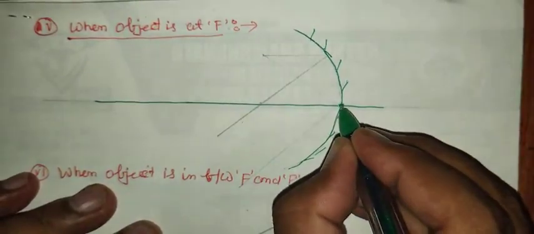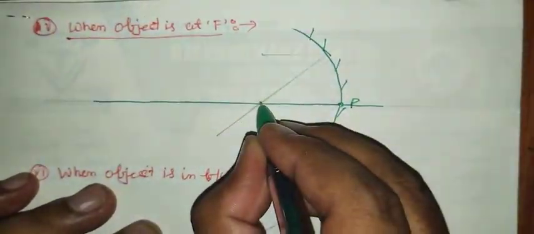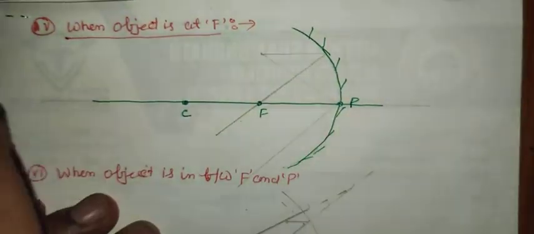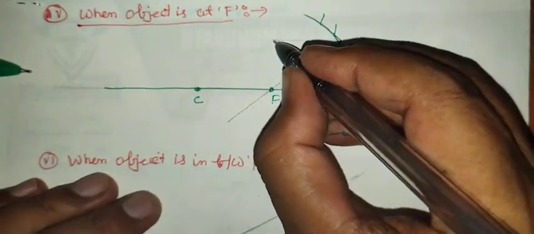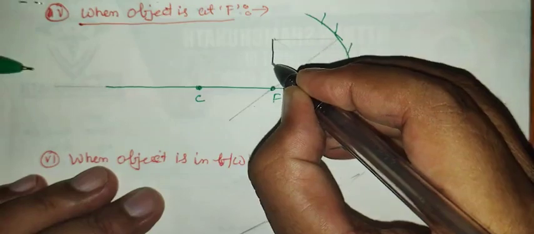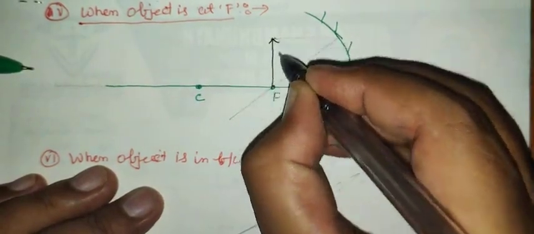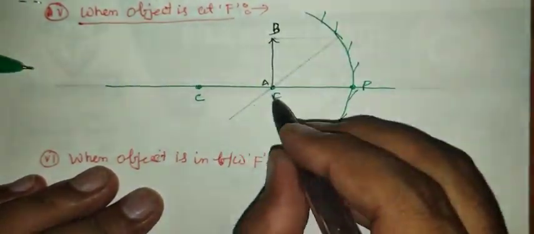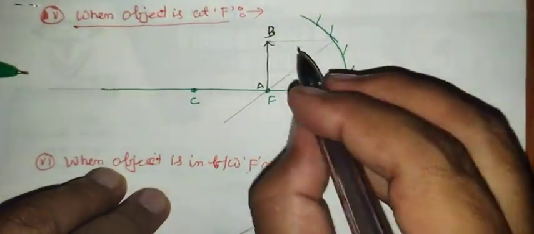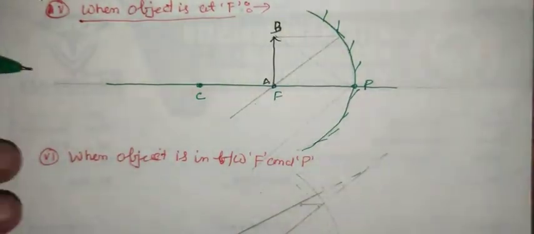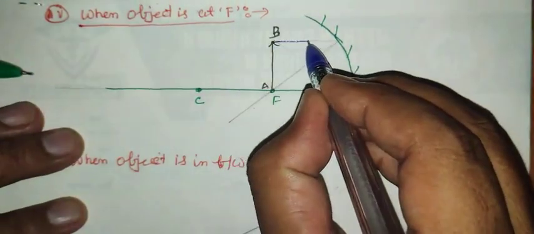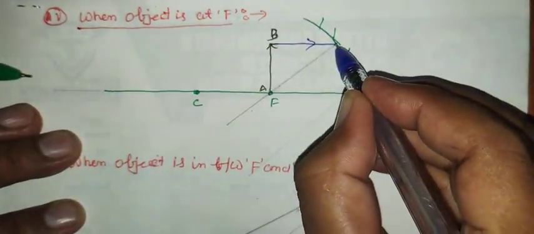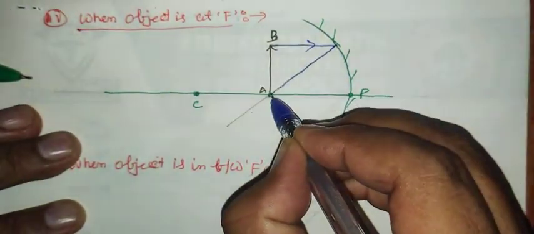Principal axis, pole, focal point, center of curvature, and we are going to take an object AB at point F. For the ray diagram, consider one ray parallel to the principal axis, which always passes through the focus.